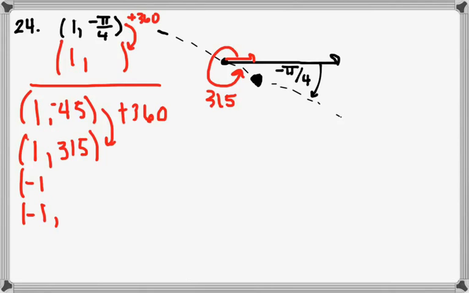So now we have an issue, because now we have to go to the other side. So now I need to go all the way here. What angle would that be? If I started at the x-axis and I turn this direction, I'm going to go back to my original angle, and to get down here, I'm going to add 180.